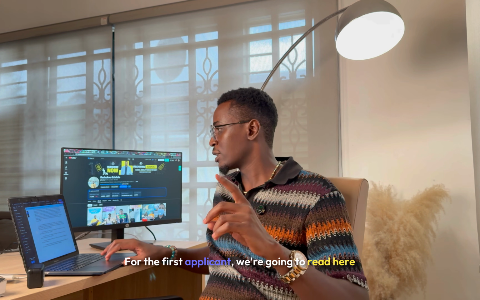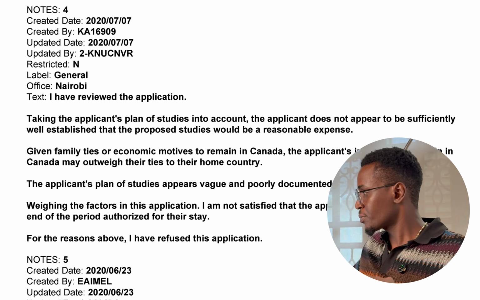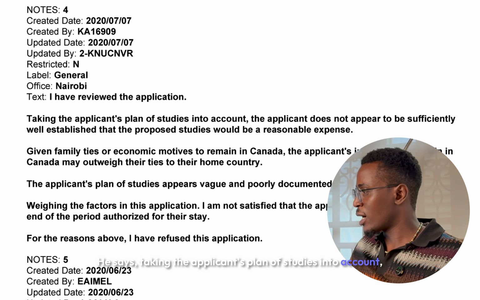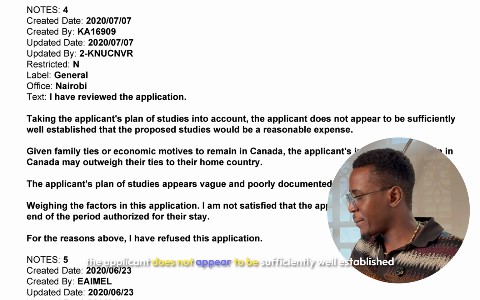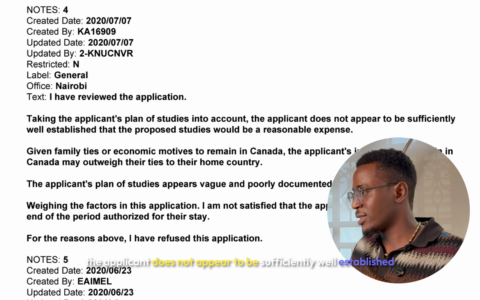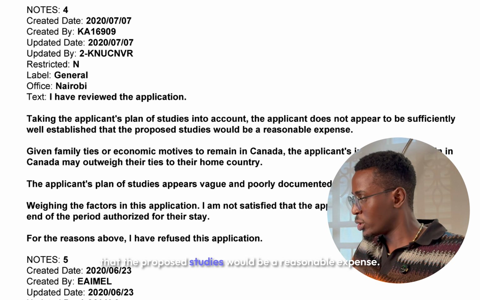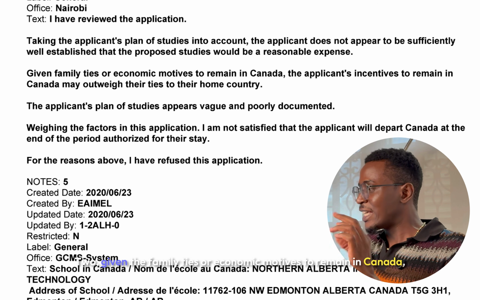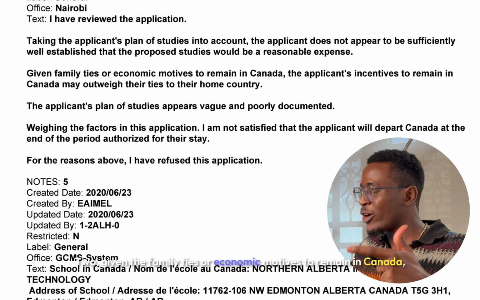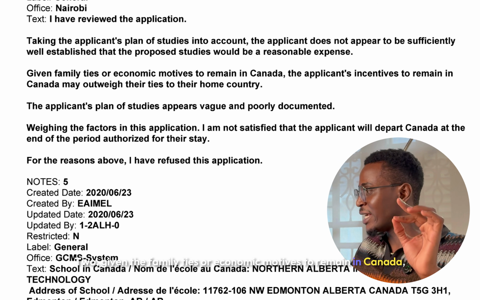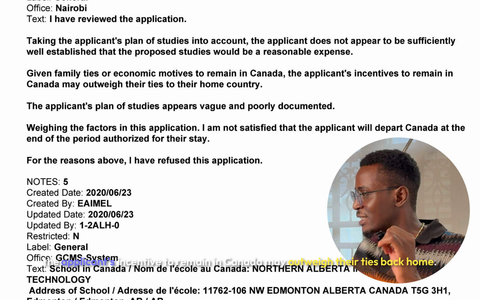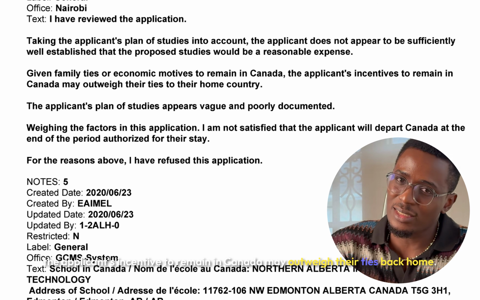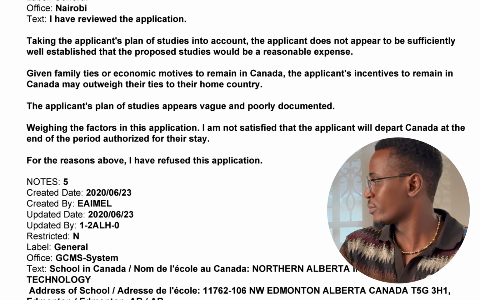For the first applicant, we're going to read here. It says, taking the applicant's plan of studies into account, the applicant does not appear to be sufficiently well established that the proposed studies would be a reasonable expense. Two, given the family ties or economic motives to remain in Canada, the applicant's incentive to remain in Canada may outweigh their ties back home.